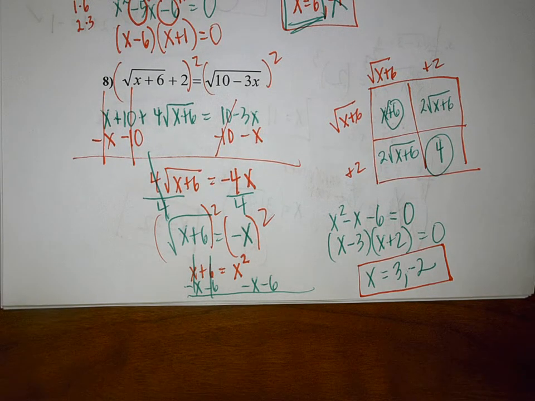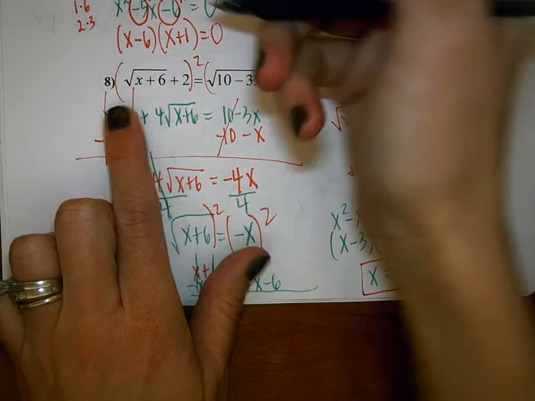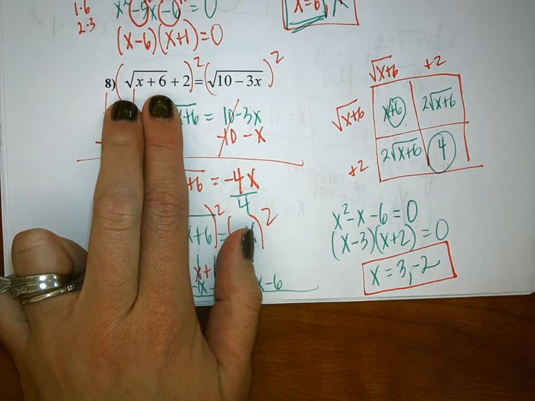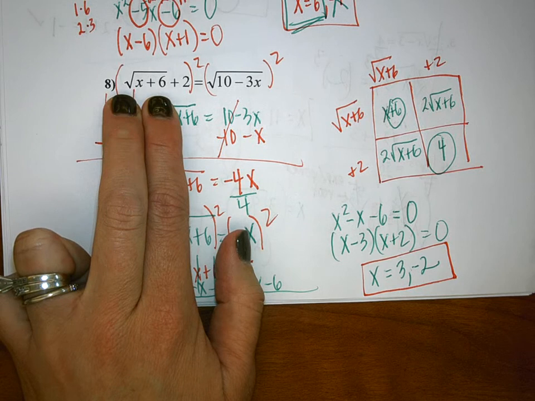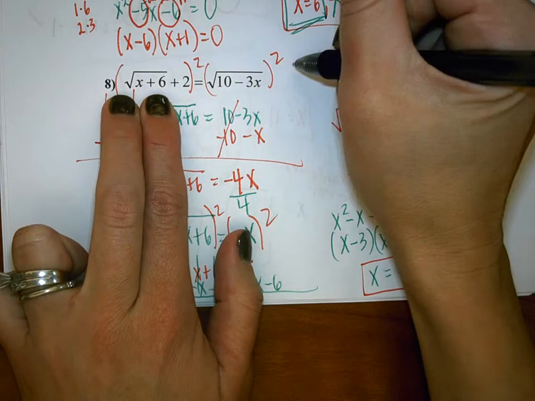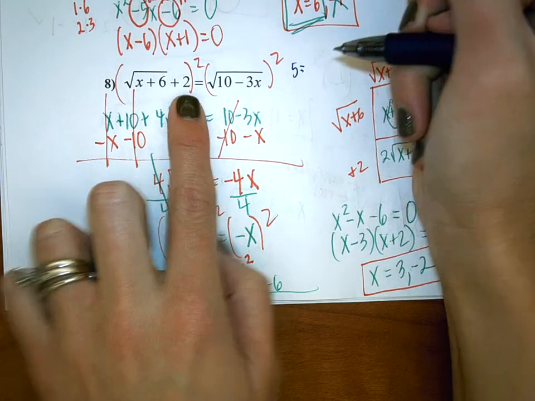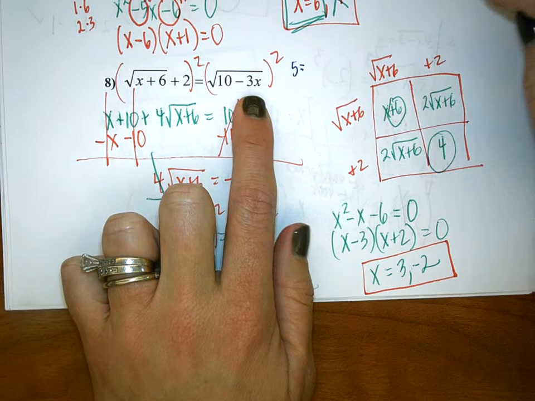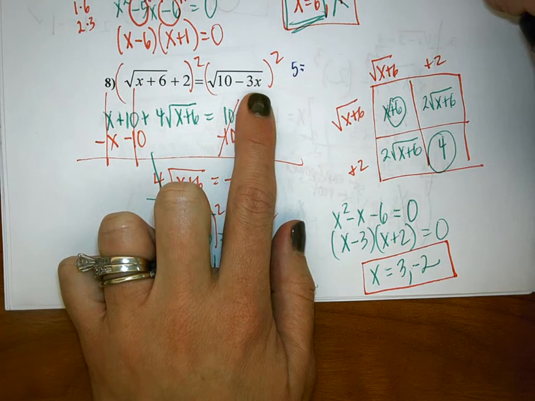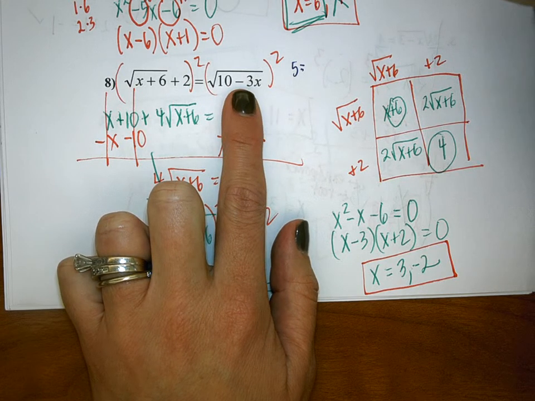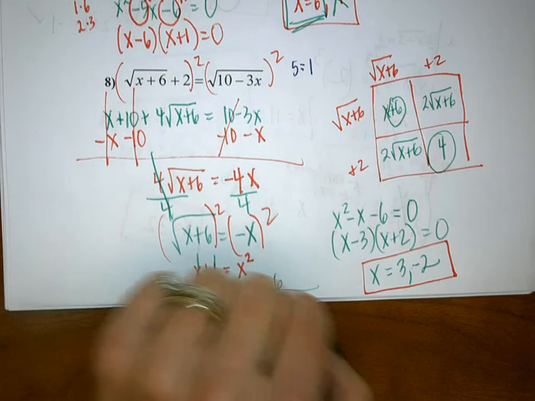If I plug 3 in here, okay, 3 plus 6 makes what? 9. And that's going to be the square root of 9, which is 3. So then I have 3 plus 2, which makes 5. Okay, equals. Here I get 3 squared, which is 3 times 3, 9. 10 minus 9 would give me 1, and the square root of 1 is 1. Does 5 equal 1? Okay, so 3 doesn't work.